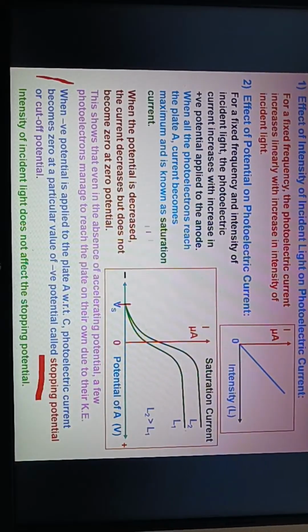What is saturation current? Initially, when the anode voltage increases, current also increases. But even if the anode voltage increases further, the current will not increase; it will become a straight line. This is called the saturation current. But if the intensity of the bulb increases, then again some more current will flow and saturate.